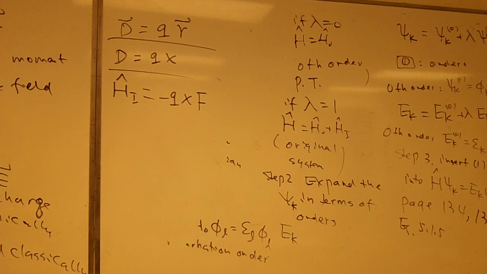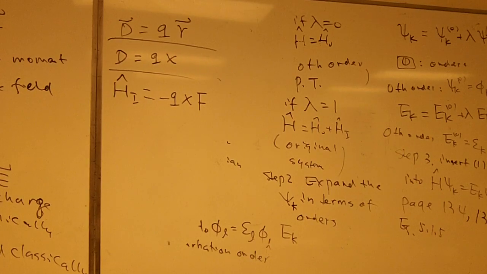Non-degenerate perturbation theory handles only one state at one time. Since suppose we are interested in state K with energy up to the second order, E sub K equals E sub K to the zeroth order plus E sub K to the first order plus E sub K to the second order. The zeroth order energy is E sub K to the zeroth order equals K plus 1/2 h bar omega.